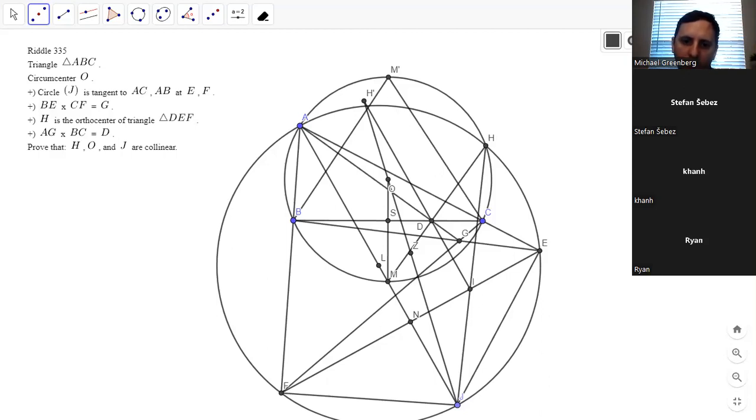So JO, what can we say about JO? So a spiral similarity about H takes MO to JL. So the angle between everything is pretty much angle AJO, everything in the spiral similarity.